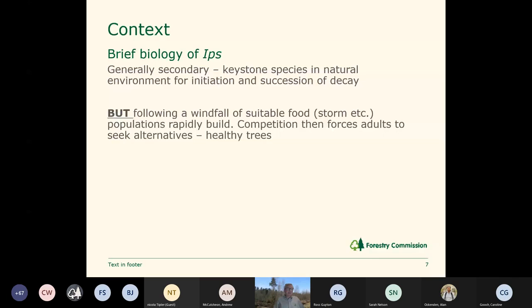A healthy tree will often be able to provide its own defence mechanisms by in effect pumping resin up into the galleries and actually stopping the beetle in its life cycle. But weakened trees, or trees that are overcome by huge numbers, don't have the resource to do that.